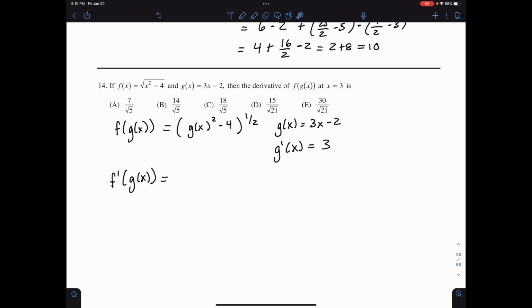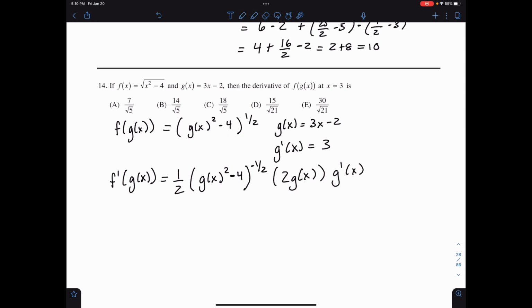So here I bring down this 1/2. I get 1/2 times g of x squared minus 4 all to the negative 1/2. Now it's times the derivative of the inside, which is 2 times g of x, and then times the derivative of the inside of that is g prime of x.